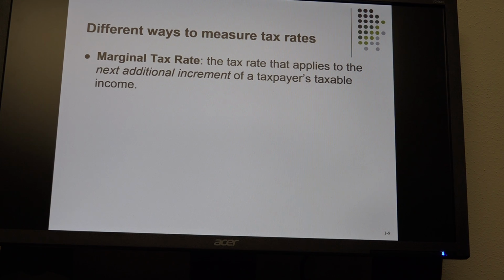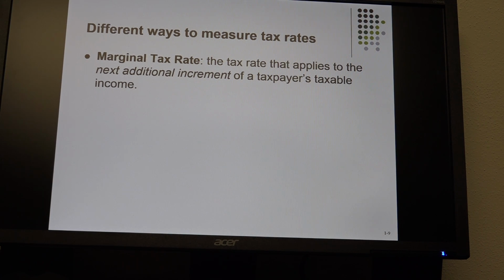Now, what if there is some proposal that's going to increase my income by $15,000? So then I'm going to make $95,000. Well, what's my marginal tax rate? It's somewhere between 25 and 28%.